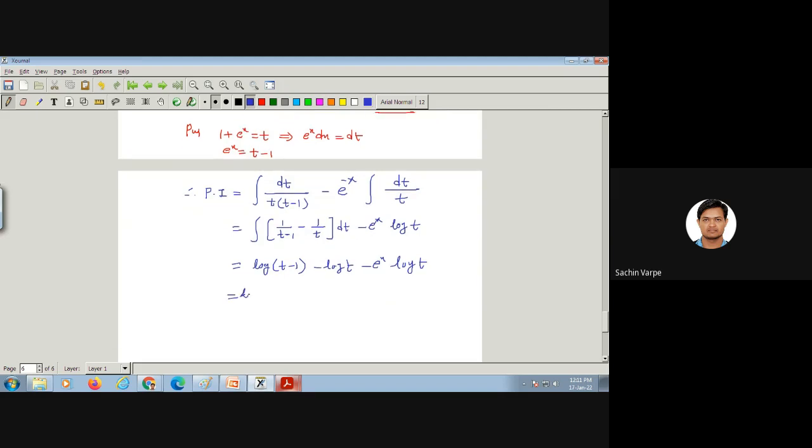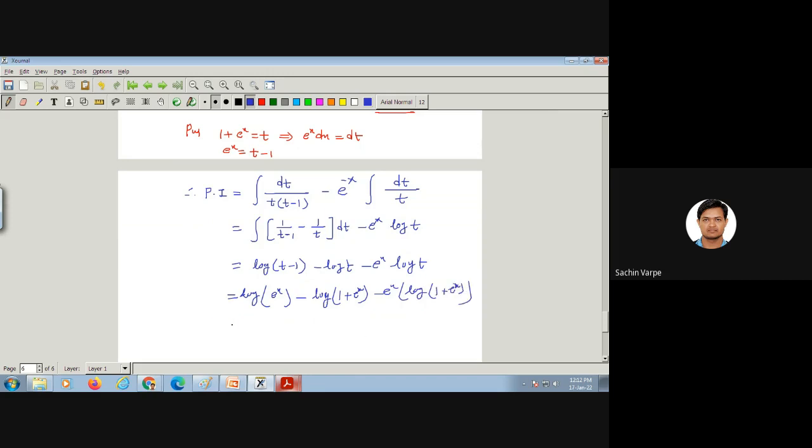So log of t minus 1 is log of e raised to x, since plus 1 minus 1 gets cancelled, minus log of 1 plus e raised to x, minus e raised to x into log of 1 plus e raised to x.